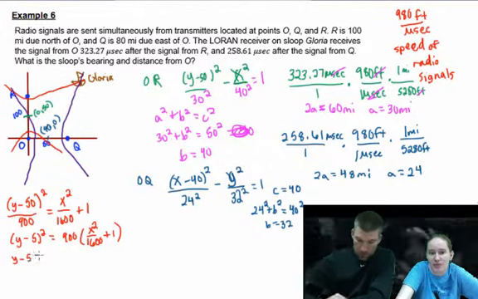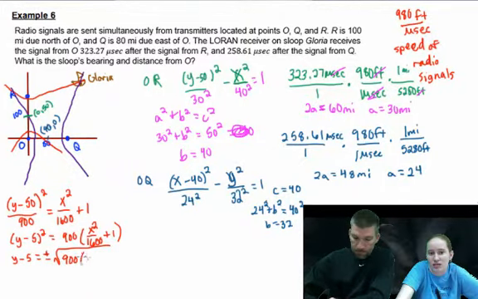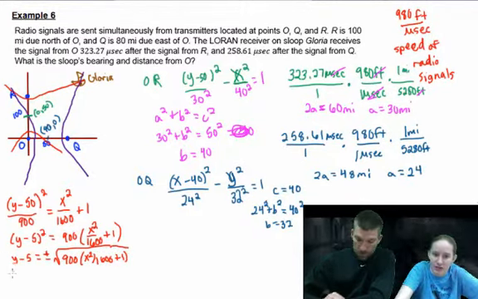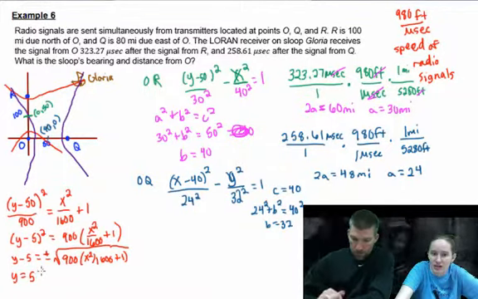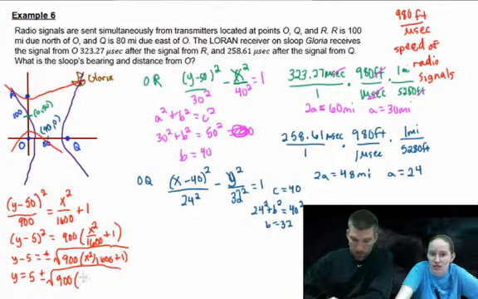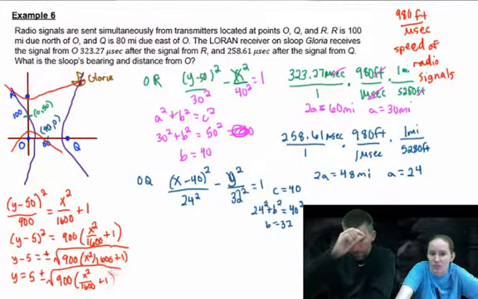So y minus 5 equals plus or minus the square root of 900 x squared divided by 1600 plus 1. And then add 5 over. So y equals 5 plus or minus the square root of 900 x squared over 1600 plus 1.